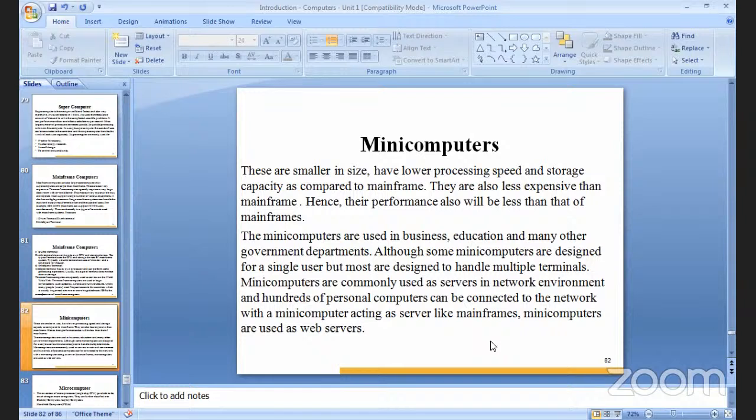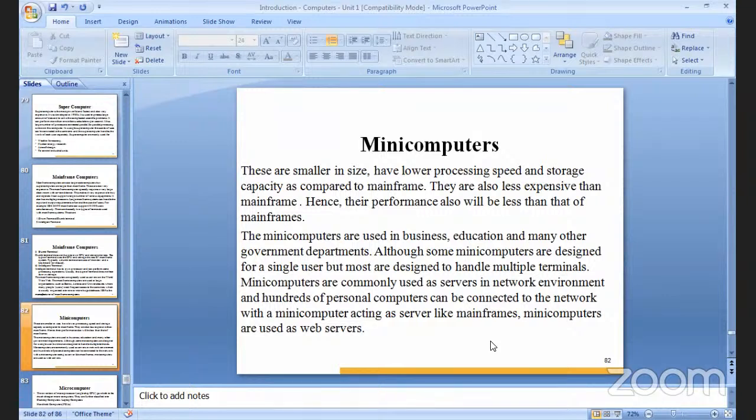These are all less expensive when compared with the previous two, hence the performance will also be less than that of mainframes. Minicomputers are used for business purposes, education, and other government departments.